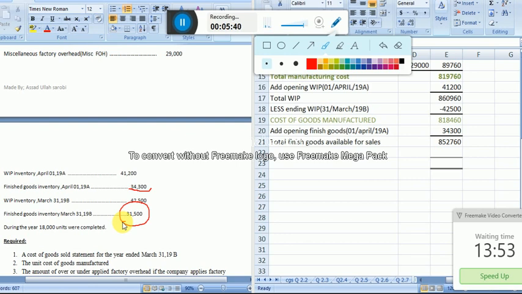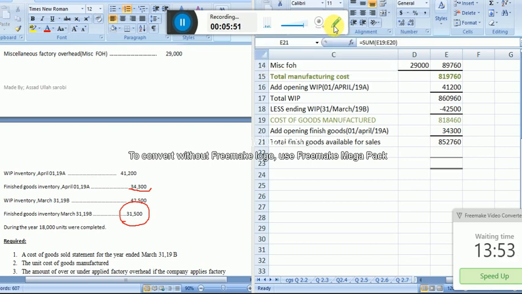The 31,500 finished goods remain unsold, and they will be sold in the upcoming year 19C.